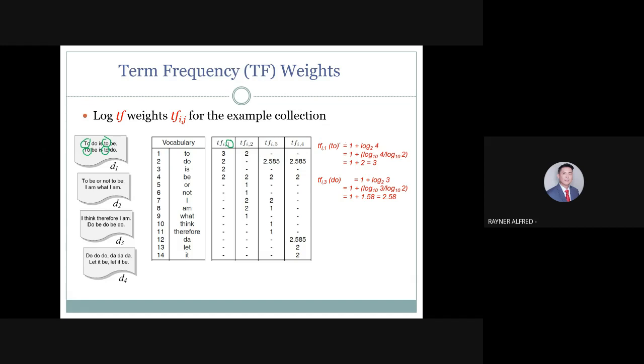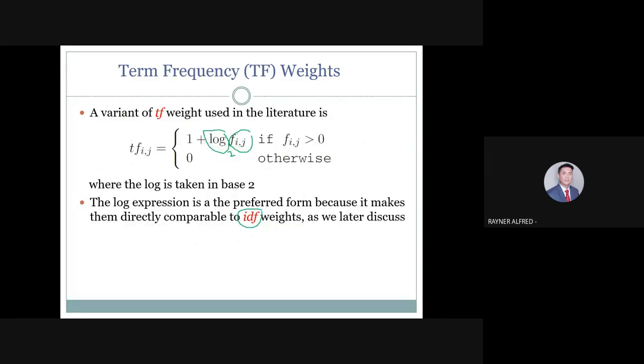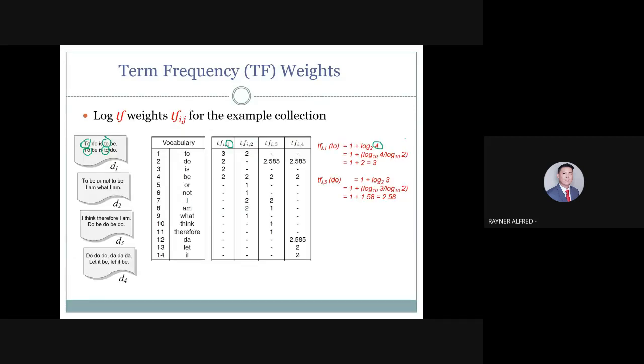So we have 4 here. This is the formula that we are applying. So we have 4, and when we compute this, we will get 3. That's how we put our weightage here: 3.